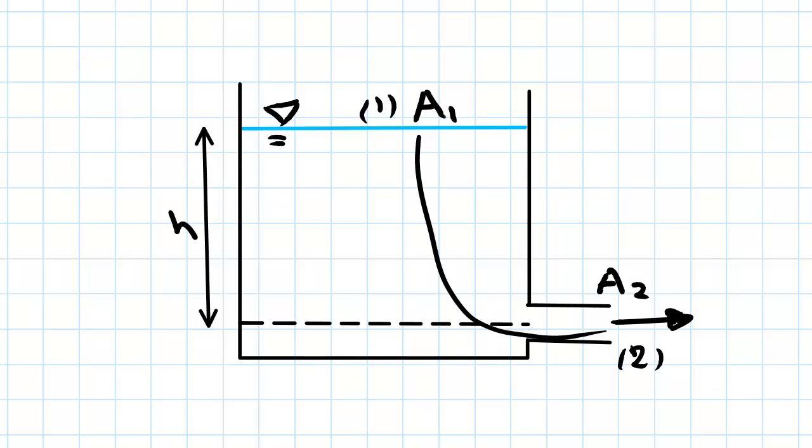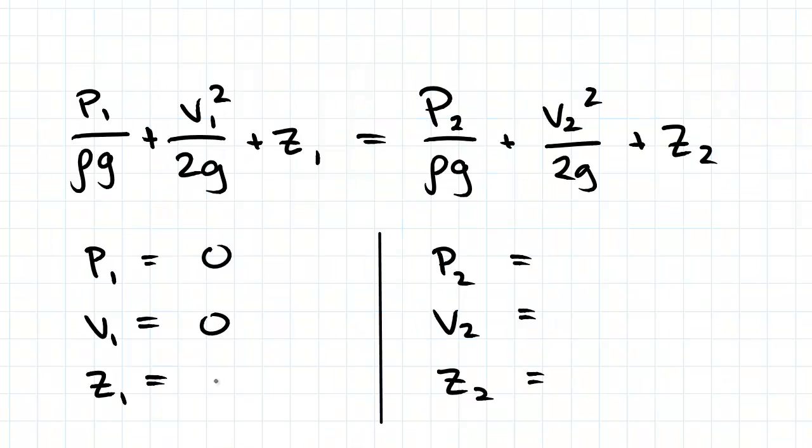Also, our velocity will be 0 because the height changes so insignificantly that we can consider v to be 0. And also our z is going to be 0 because we chose our datum as the top of the fluid. So all of that will be 0.